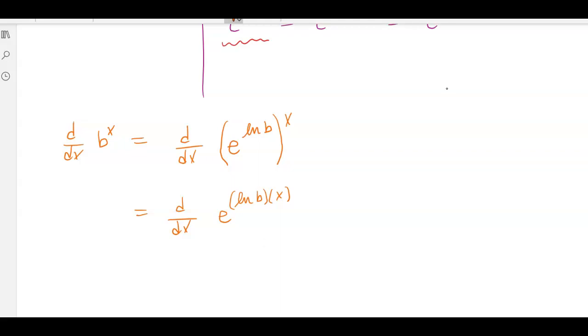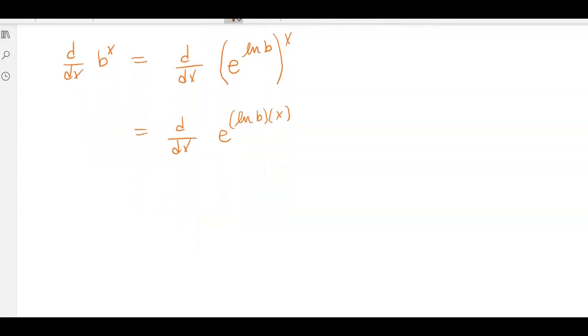We know that the derivative of e to anything is e to anything. So we already know how to take the derivative of e to something. It's going to be e to the natural log of b times x. But then we're going to tack on the derivative of the exponent. That's the chain rule part. So I'm going to do first times the derivative of the second plus the second times the derivative of the first.